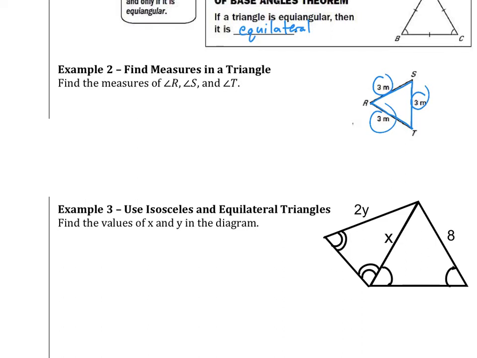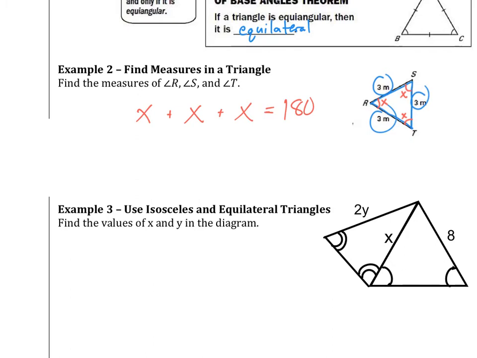So if we have 3 congruent sides, that means that each of these angles is also going to be congruent. So it's X, X, and X. So 3 congruent angles. If we want to find the measures of angle R, angle S, and angle T, we would add them up. X plus X plus X. And remember, all 3 angles in a triangle add up to 180.